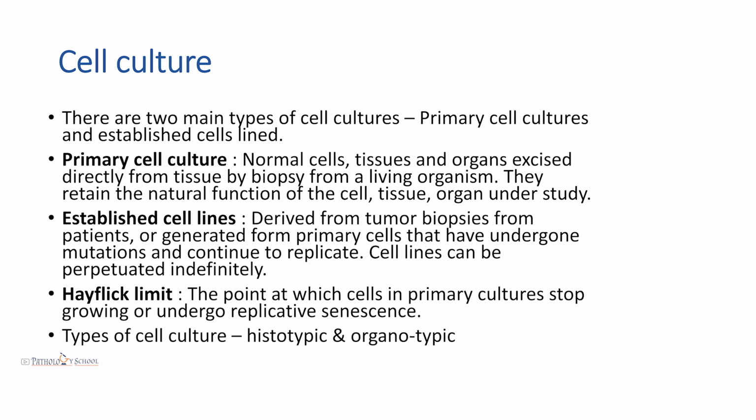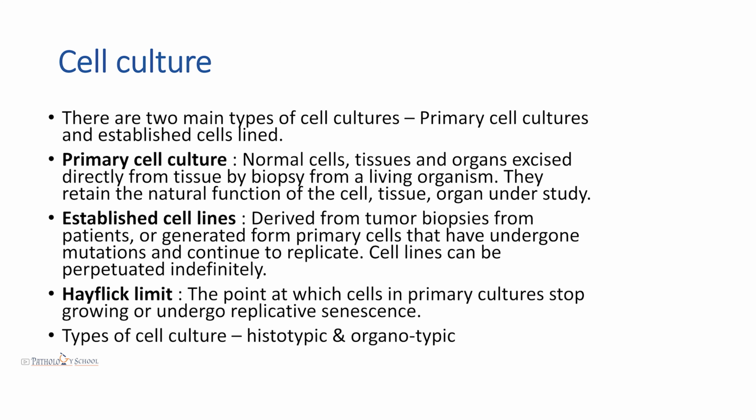So for an established cell line, we need either tumor cells or stem cells or totipotent cells, which have the ability to proliferate infinitely. Now the types of cell culture are histotypic or organotypic. These two types are based on the morphological arrangement of the cells.